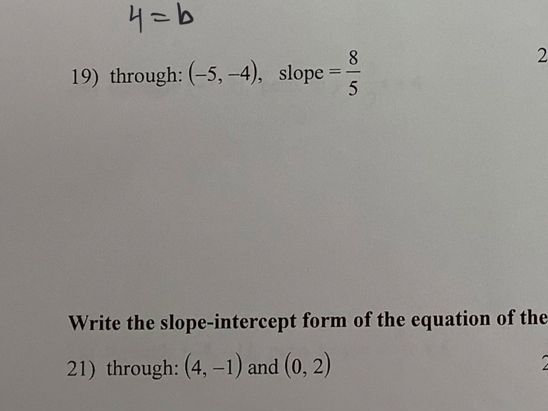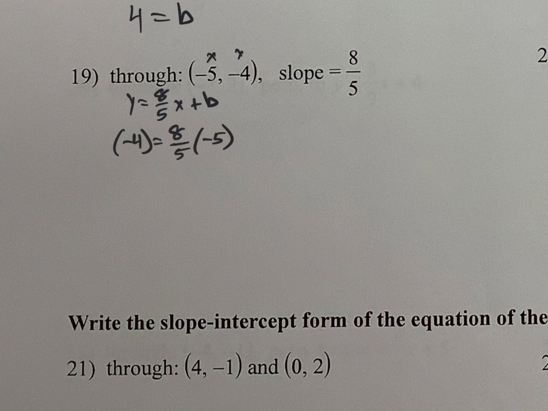All right, we have our slope again. Y equals 8/5 x plus b. So that's your step 1, remember? Find the slope. Well, they gave you the slope. And now substitute your x and your y. And the trick here is that you put them in the right positions. So negative 4 equals, you have 8/5 times a negative 5 over 1.